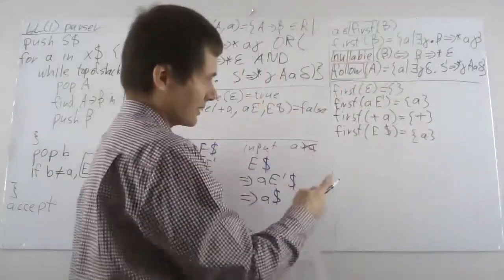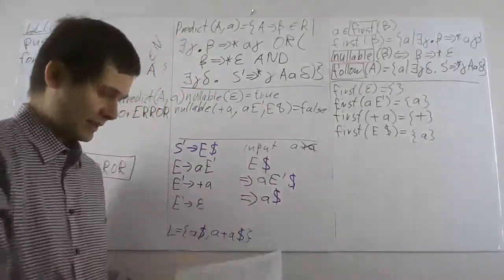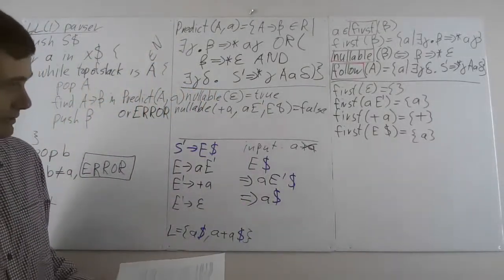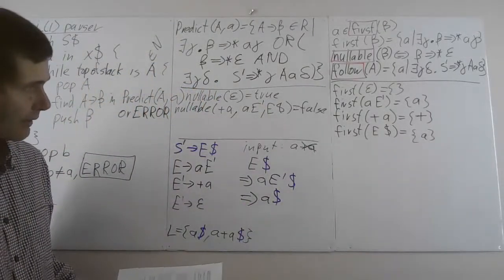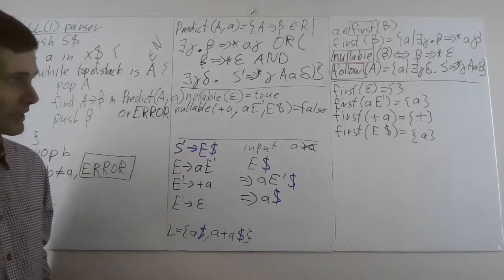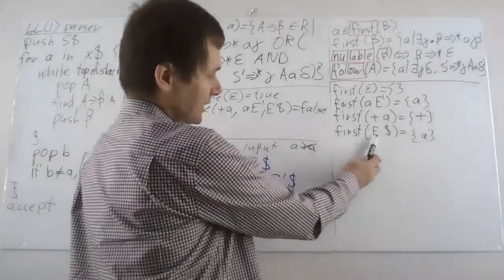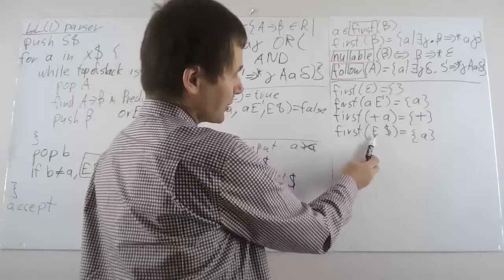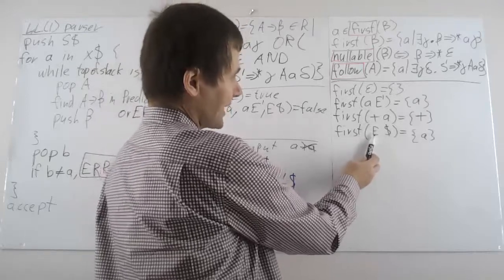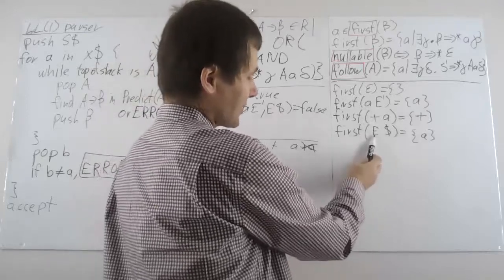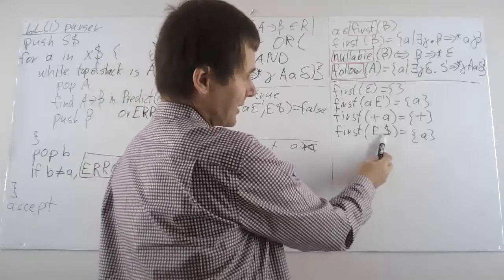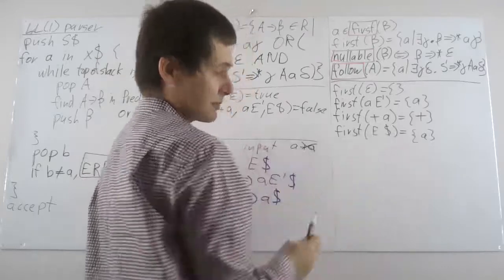And so the only thing that E can expand to, E always expands to things that start with A. The other thing I would need to take into account here is if E was nullable, then E could expand to the empty string, and then I would need to look at the symbol that comes after it.